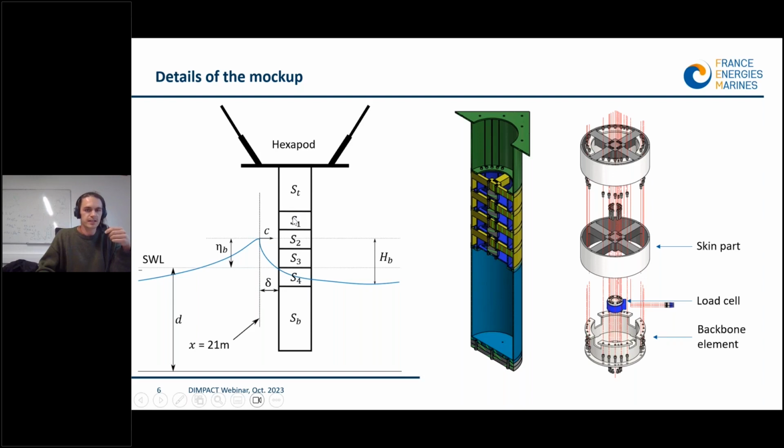The instrumented sections are labeled S1 to S4, and inside the mock-up it looks like this. Each section is made out of a backbone element, a load cell, and a skin part. The only link between the skin part and the backbone element is the load cell. And this allows us to independently measure the loads acting on the different sections during a breaking event.